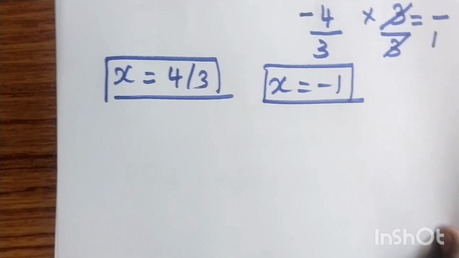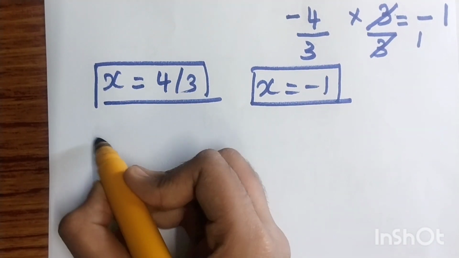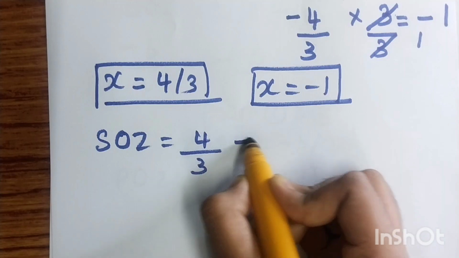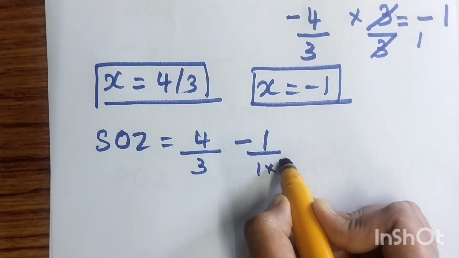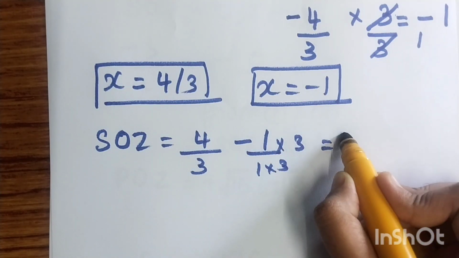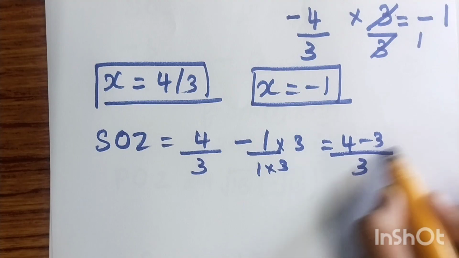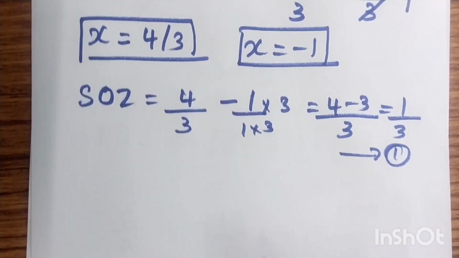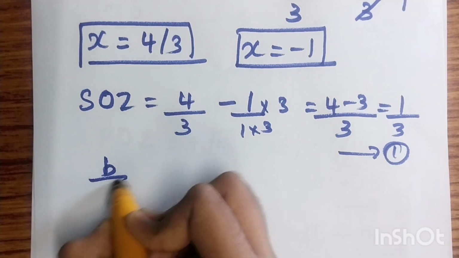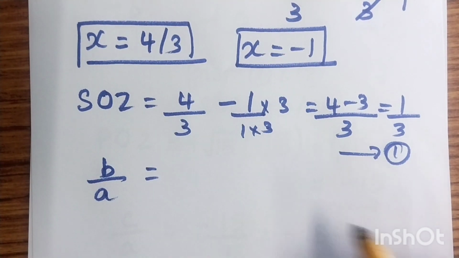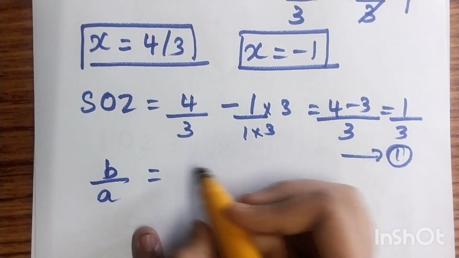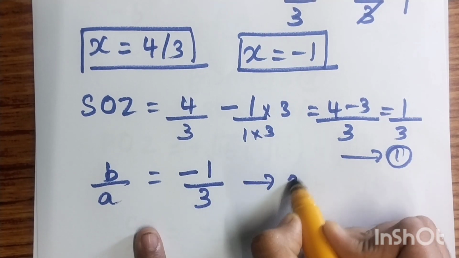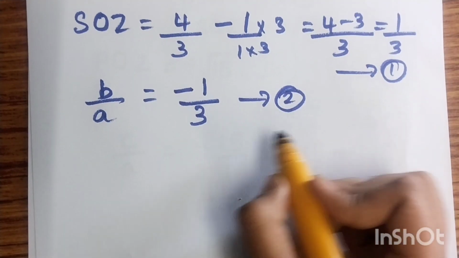Next we are going to find the sum of the zeros. So SOZ is equal to 4 by 3 minus 1. Take the LCM, so you'll be getting 4 minus 3 by 3, which is 1 by 3. It is your first equation. Next, minus b by a. b is the coefficient of x, so minus of minus 1 by 3, and a is 3. So it is the second equation.